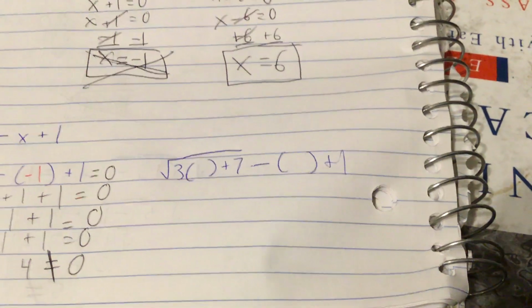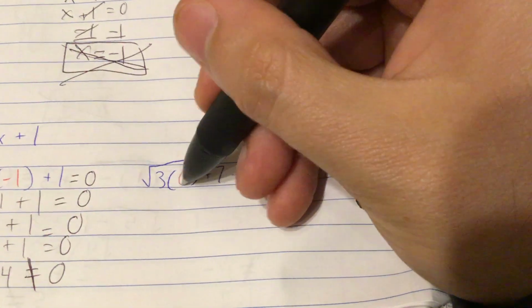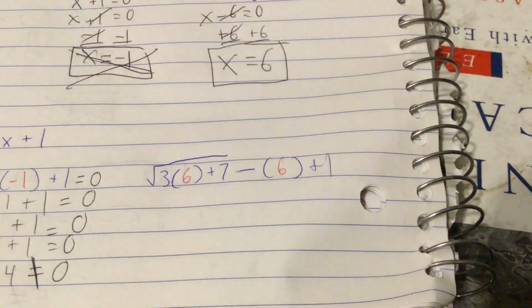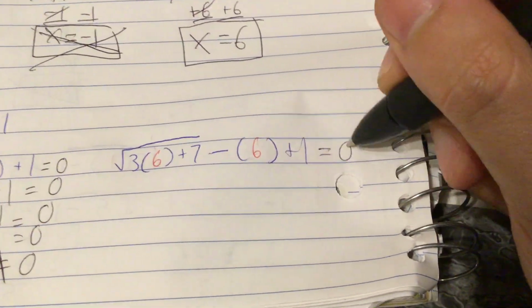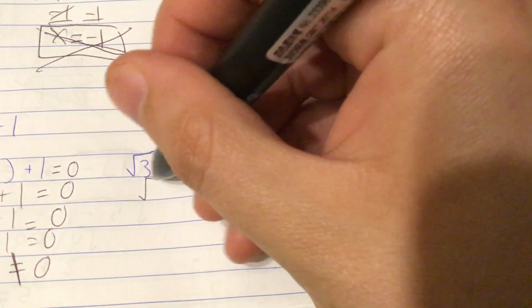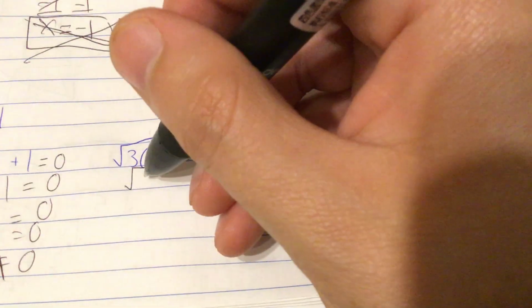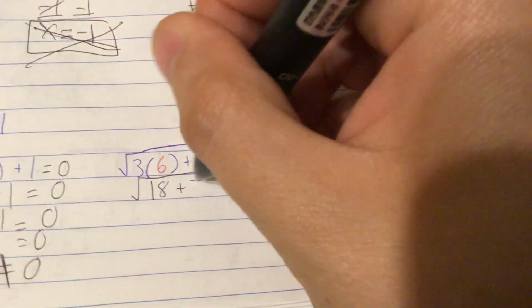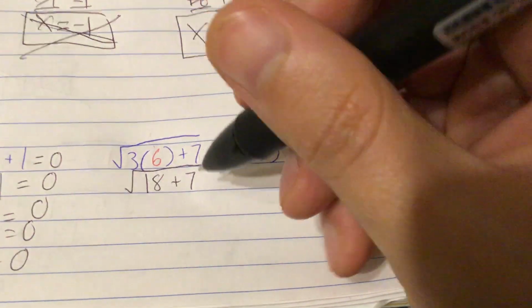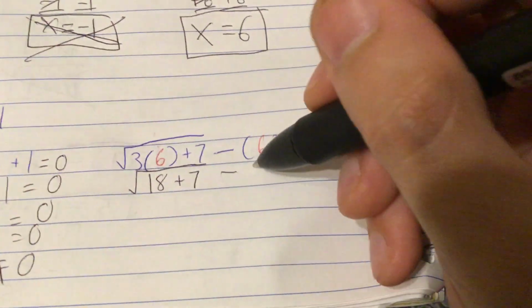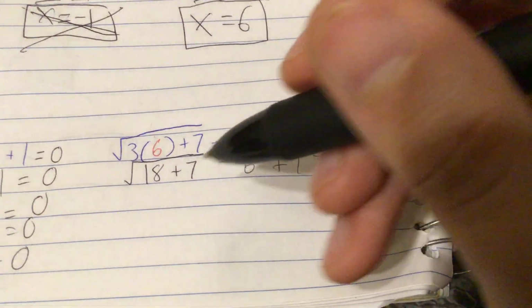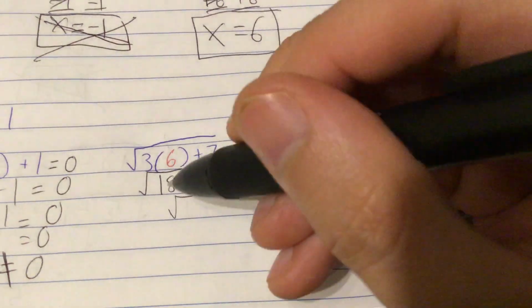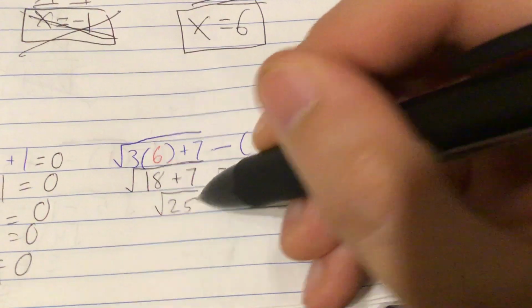Now, let's plug in x equals 6. So now I've got 3 times 6, which is 18. So radical 18 plus 7 minus 6 plus 1 should be equal to 0. 18 plus 7 is 25.